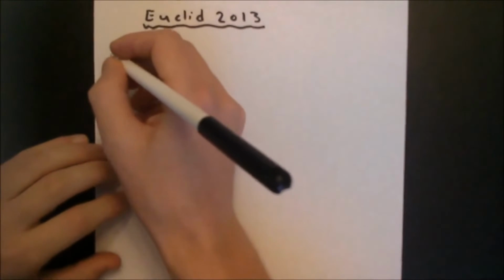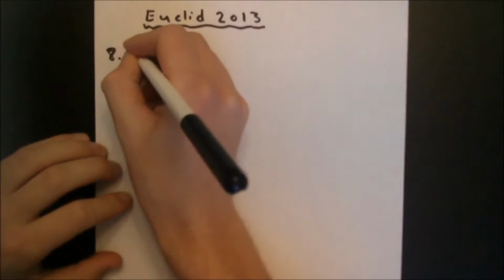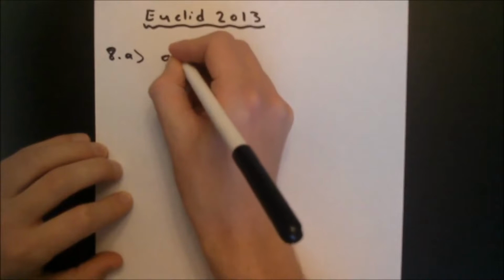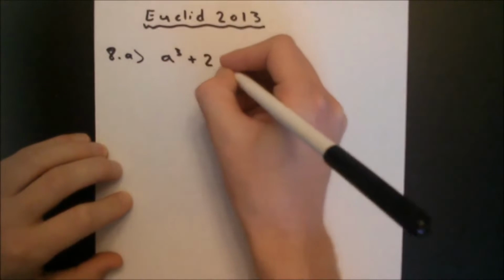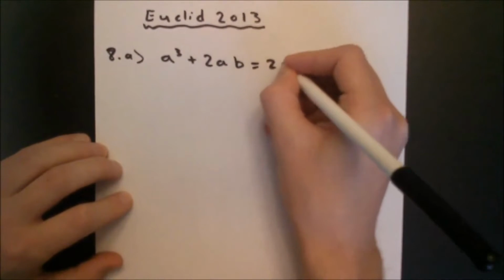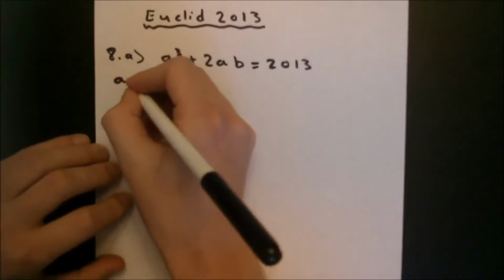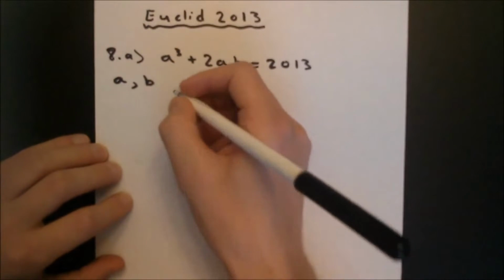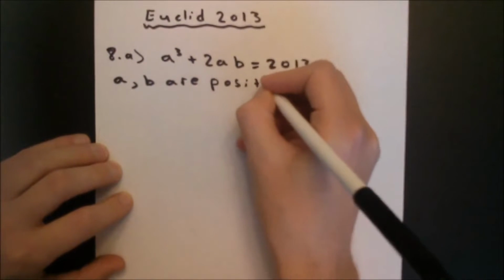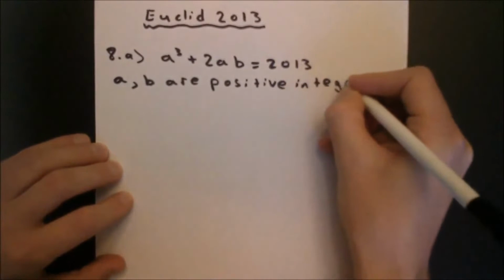Okay, so this is question 8a from the Euclid 2013. The question is: a cubed plus 2ab equals 2013, and a and b are positive integers.